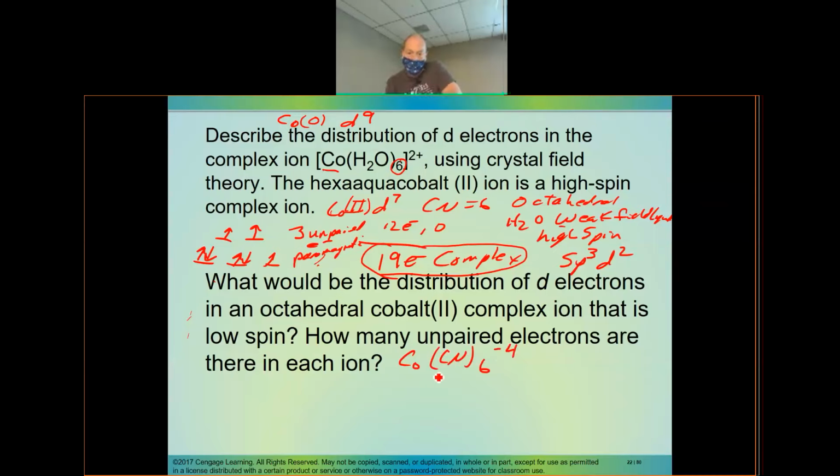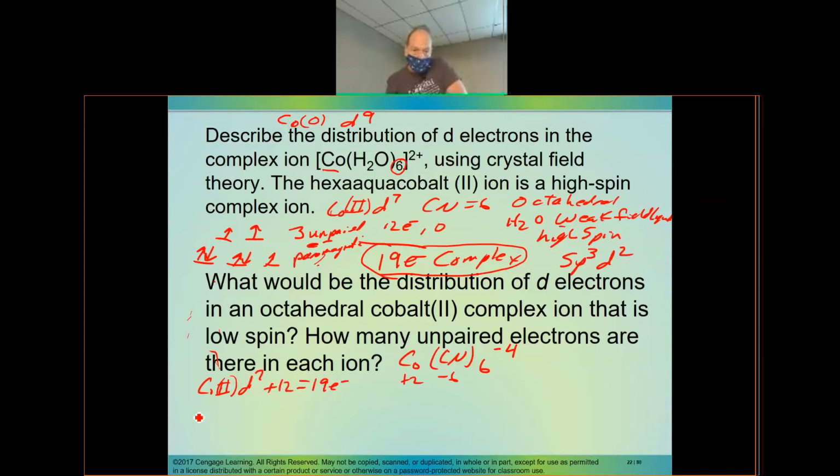So this is -6, this is +2 to give an overall of -4. It's the same, except we changed the ligand from a weak field ligand of water to a strong field ligand, that is CN-. So we are still cobalt 2, we are still d7, we are still plus 12, 19 electrons.